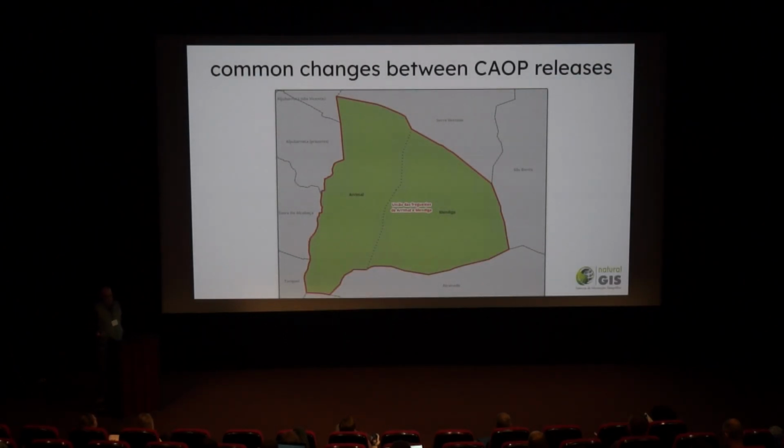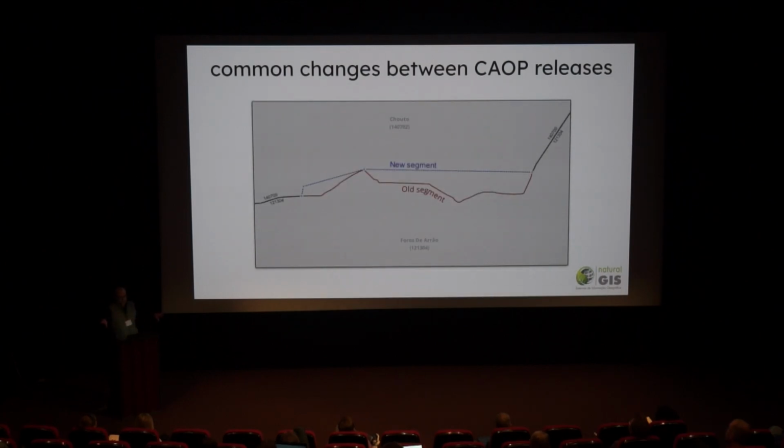So what are the changes of this boundary map? One official version is produced each year, and what are the changes that happen between one year and the other? Well, the most frequent ones are aggregation of parishes and disaggregation of parishes, as well as a change in the shape of part of a boundary.